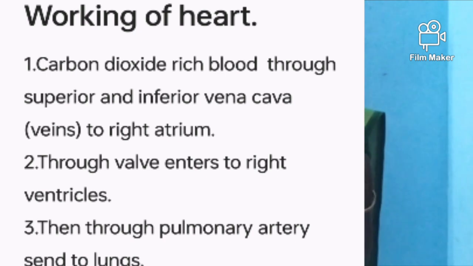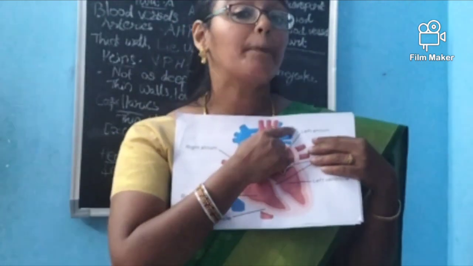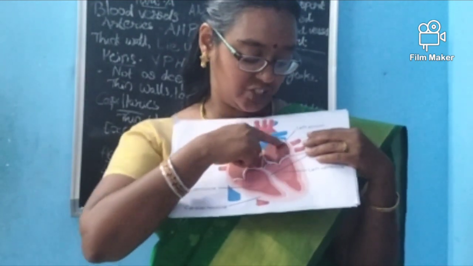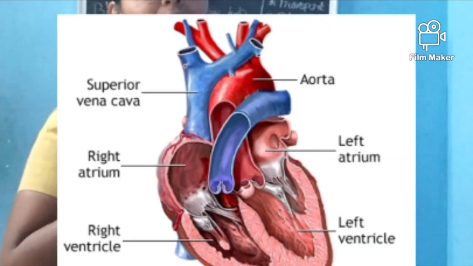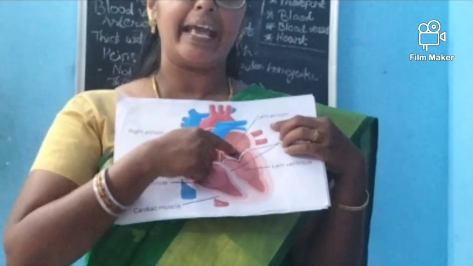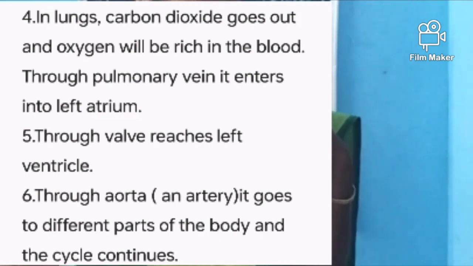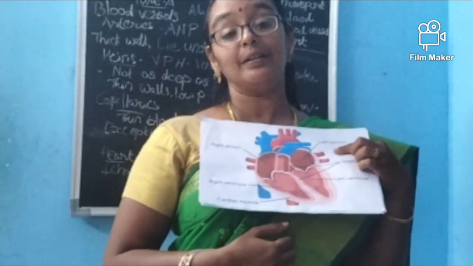So the blood will carry the oxygen and through the pulmonary vein it is reaching the left atrium. Then again a valve is present. Through this valve it will come to the left ventricle. From this ventricle the aorta is situated.